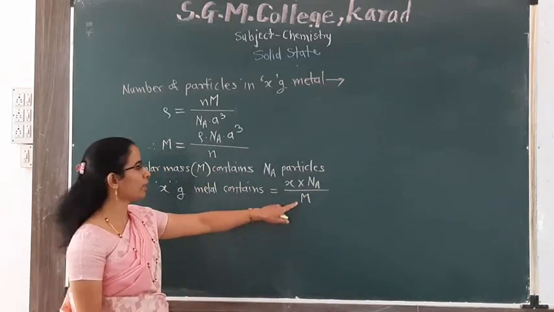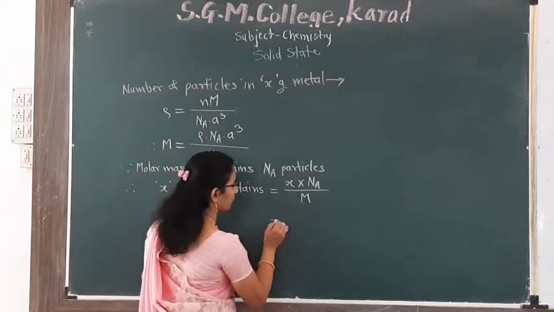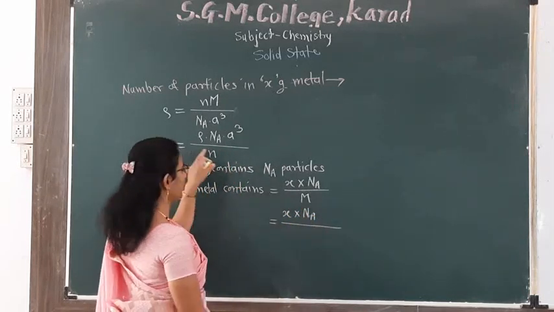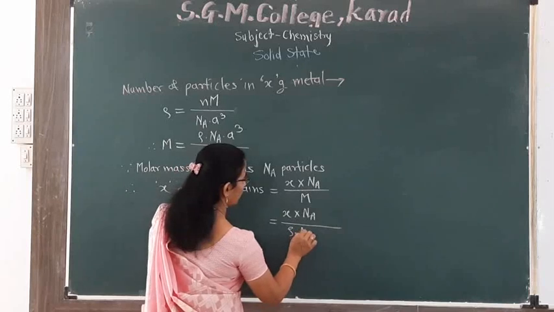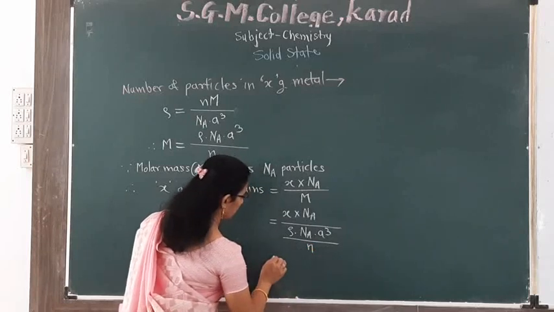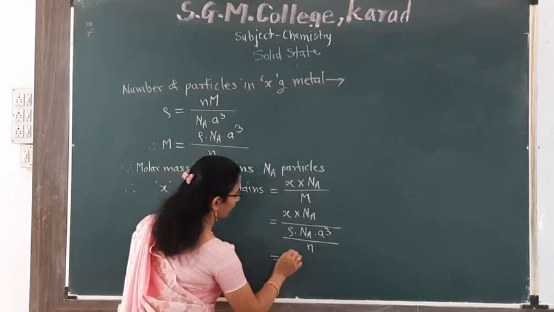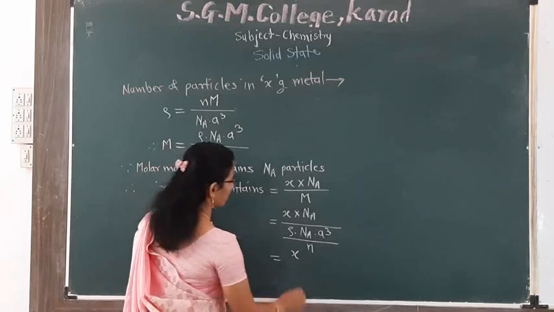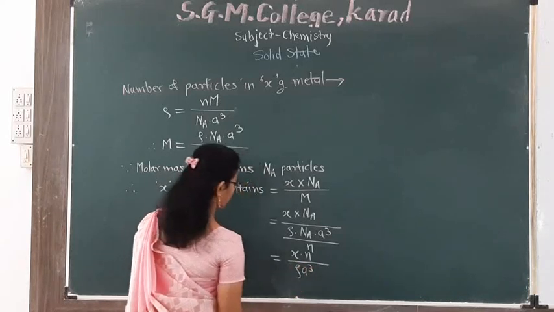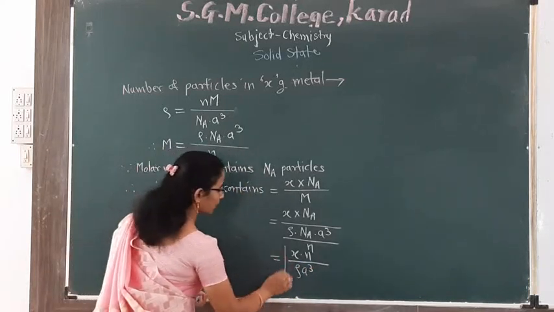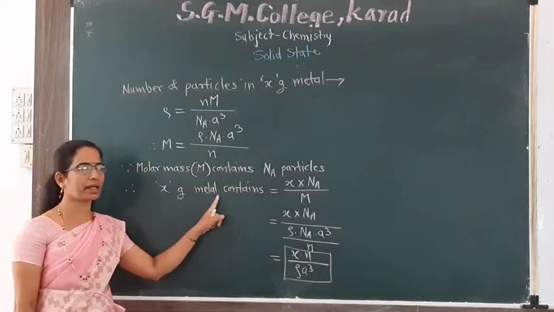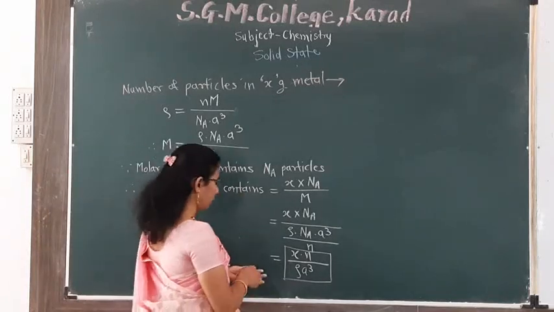Now we will insert the value of M from this equation: x into Na divided by rho into Na into a cube divided by N. If you simplify it, you will obtain the relation as x into N divided by rho into a cube. Okay. So by using this relation, you can easily find the number of particles present in x gram of metal.